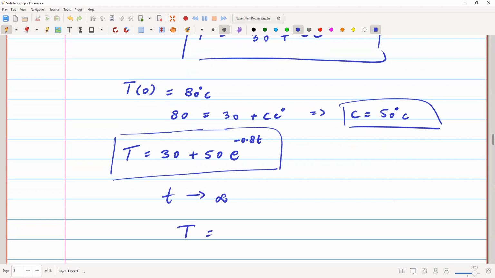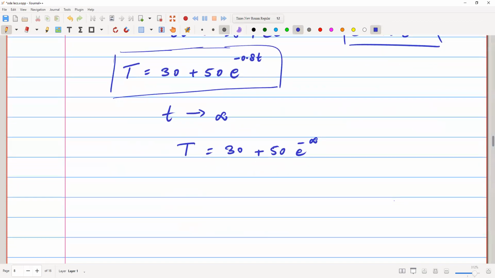The temperature is going to be 30 plus 50 times e to the power negative infinity, which means that this will become 0 and T equals 30 degrees centigrade. So we can see that the cup of coffee is going to stabilize at the room temperature. That's perfect. That seems logical.